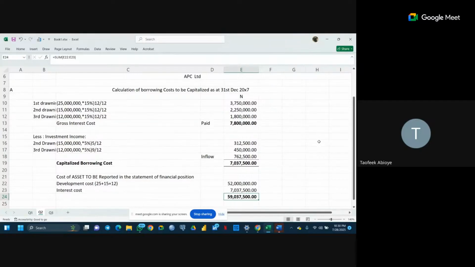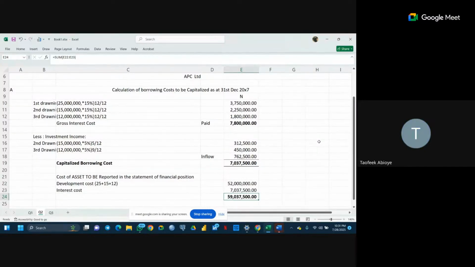Now let's come back to this question. 55 million was borrowed, but only 52 million is being used for this project. It means that from the company budget, they projected that 55 million is what will complete this particular project. However, only 52 million is being used. It means that only the interest cost paid on this 52 million is what the company has the right to capitalize.